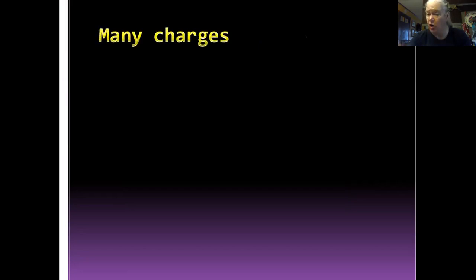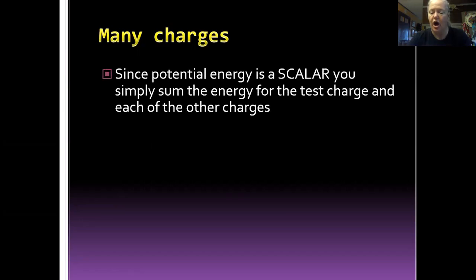Now, if I've got lots of charges, you might remember from the previous set of notes that I had to go through a big problem of solving vector equations and doing the component method of vector addition and all that good stuff. I don't have to do that here. All I have to do is add up numbers, because the potential energy is a scalar. You find that term I just showed you, U equals k Q1 Q2 over r, and solve that for every single unique pair.